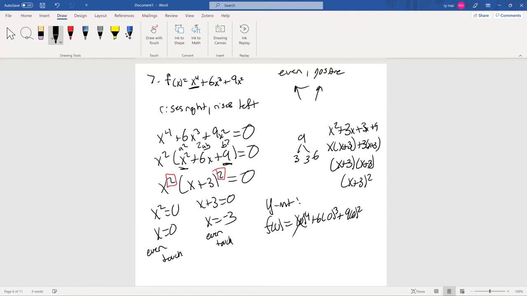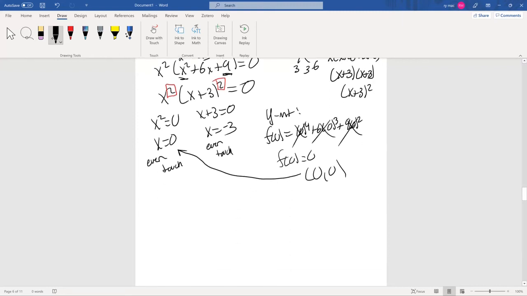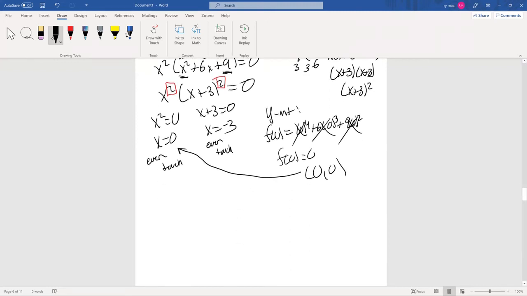Well, 0 to the fourth is 0, 0 to the third is 0, 0 squared is 0. So you end up getting just f of 0 equals 0, or that our y-intercept is the point 0, 0, which makes sense because one of our zeros is 0. And then that's one thing I forgot. You could say that our points here are 0, 0, and -3, 0.